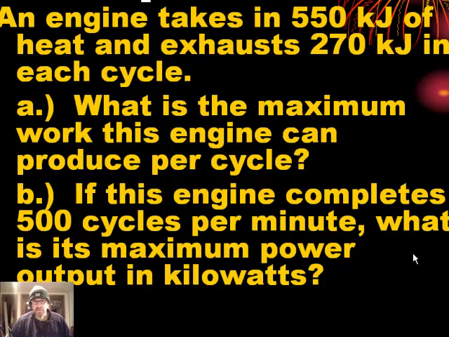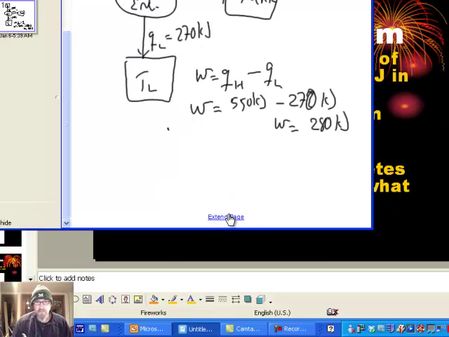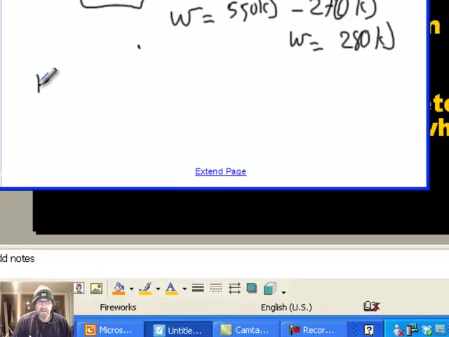Next question is, if this engine completes 500 cycles per minute, what is its maximum power output in kilowatts? Well, going back to our problem here, we know what power is. Power is equal to work done in the time that it's done. It's a time rate of doing work.